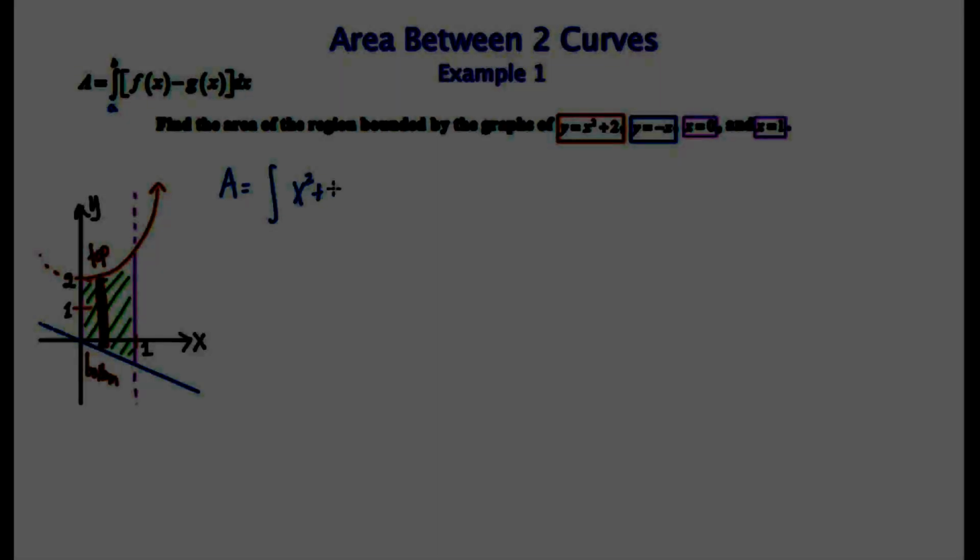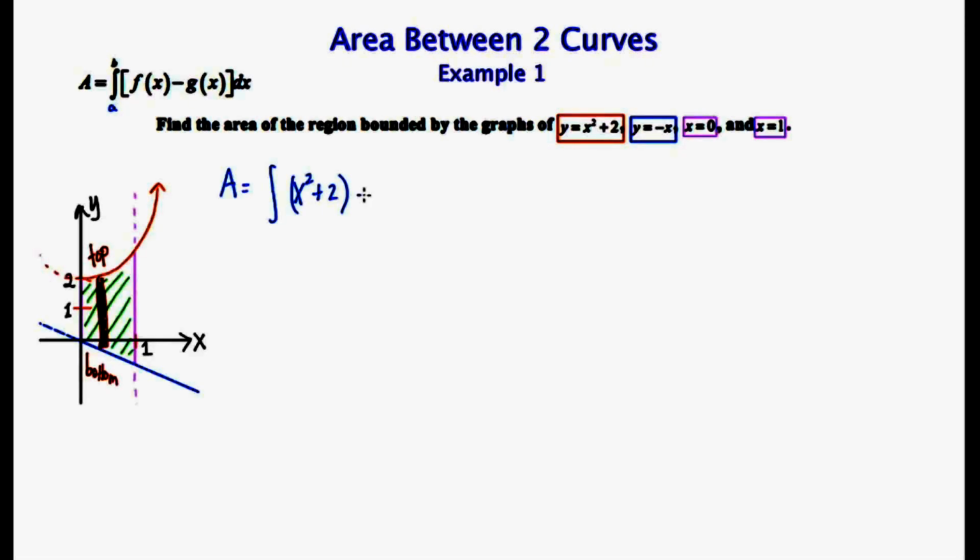Now I'm ready to set up my definite integral. Area is going to equal the definite integral of the top curve, which is x squared plus 2, minus the bottom curve, which is negative x. And now the question I want to ask myself is, this representative rectangle, which axis is it perpendicular to?